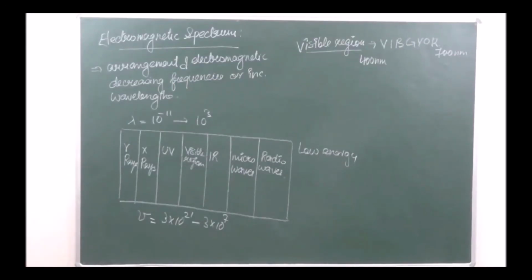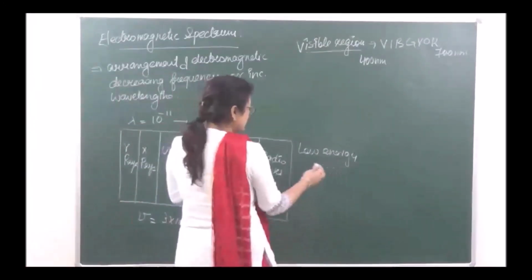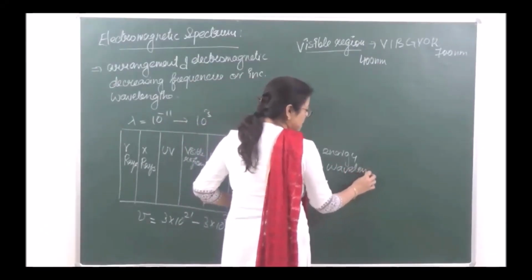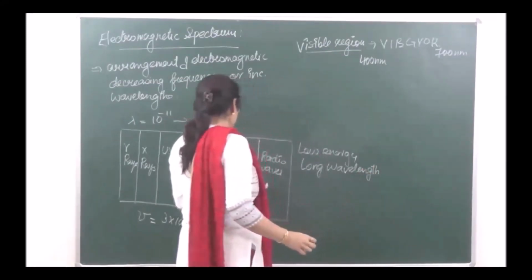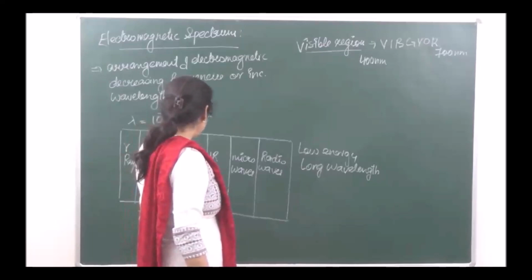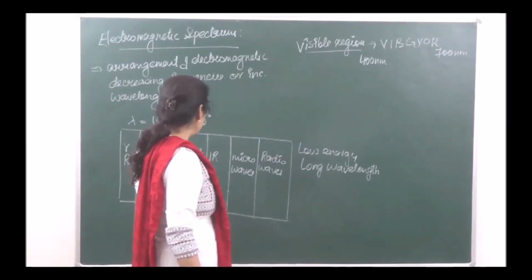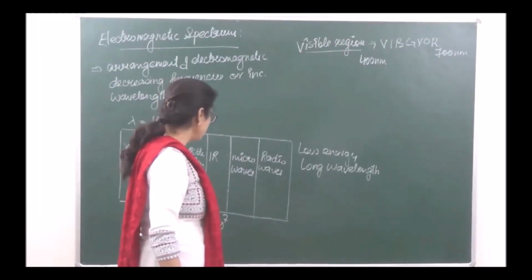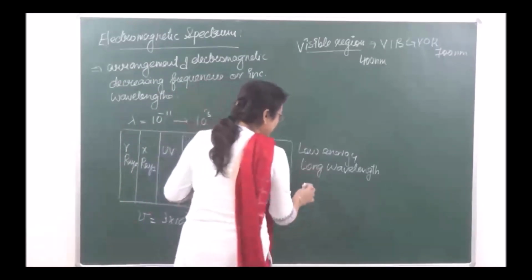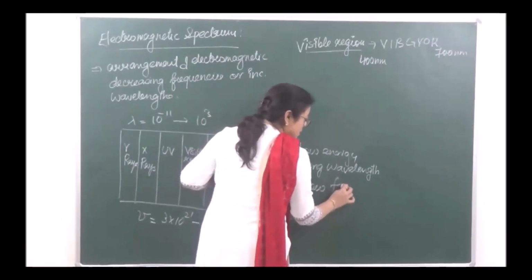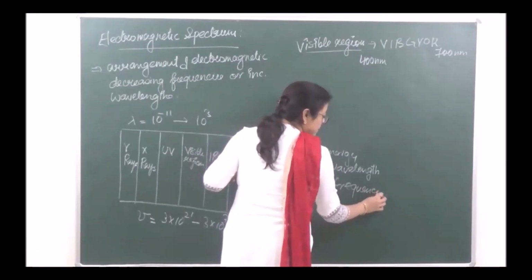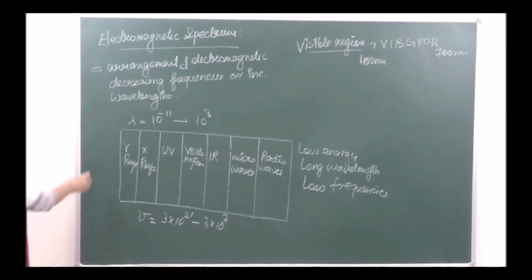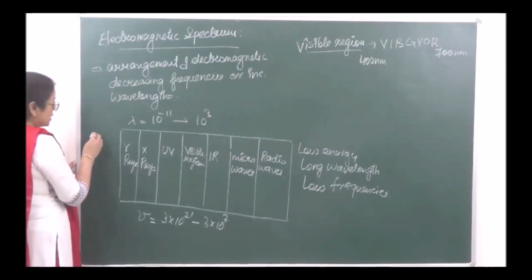They have long wavelength, and also low frequencies. We are going from 3 into 10 raised to power 21 to 3 into 10 raised to power 7. So they are going to have low frequencies, right? Whereas gamma rays are rays of high energy.